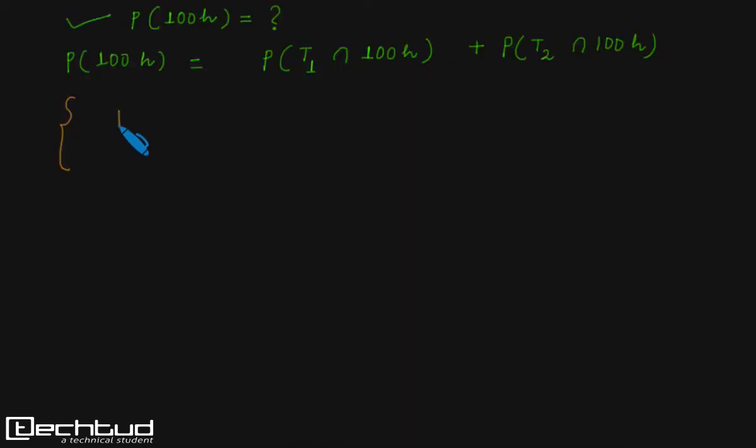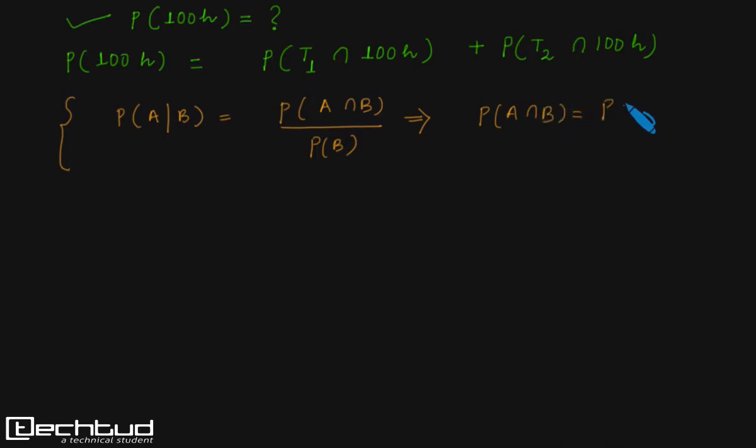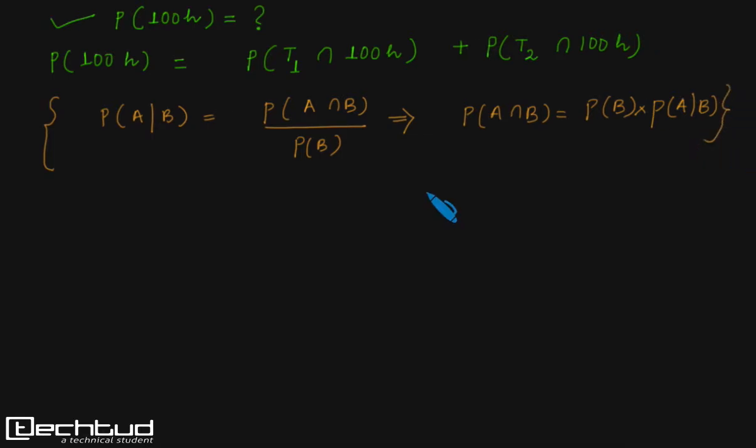Now we know that probability of A given B is equal to probability of A intersection B upon probability of B. From this we can derive that probability of A intersection B is equal to probability of B multiplied by probability of A given B. If we apply this conclusion to this part over here and this part over here, we can simplify further.